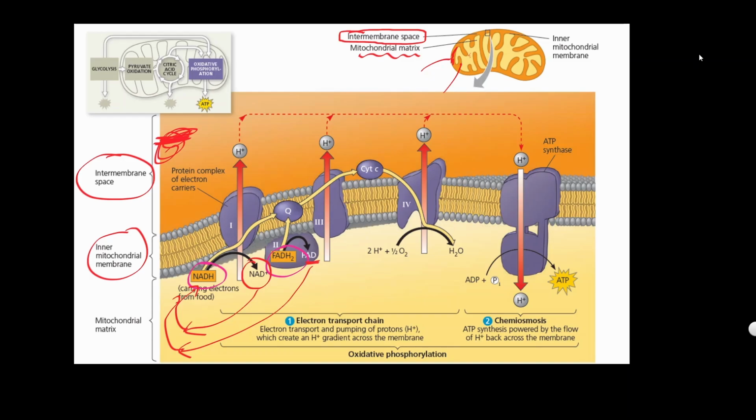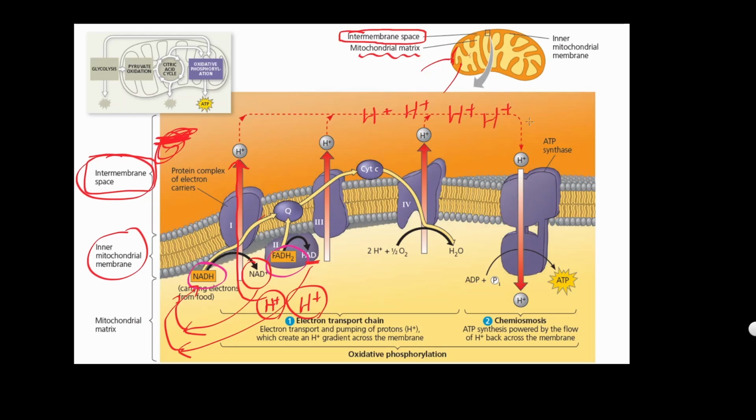Now, as electrons travel through these proteins along this membrane, the protons that are inside the matrix get pumped out into the intermembrane space. Remember, we're still in the mitochondria here. So over time, we're going to create a proton gradient.